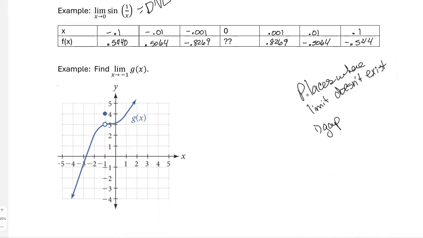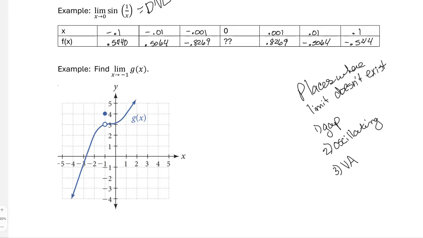The limit didn't exist there. Another one is if we have an oscillating graph, where as we get close to a particular x value, that graph just starts oscillating back and forth. And then the third place would be where we have a vertical asymptote.